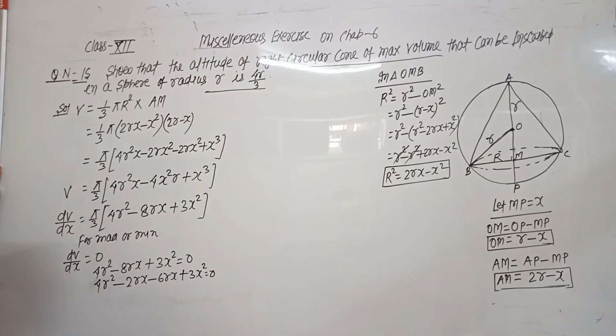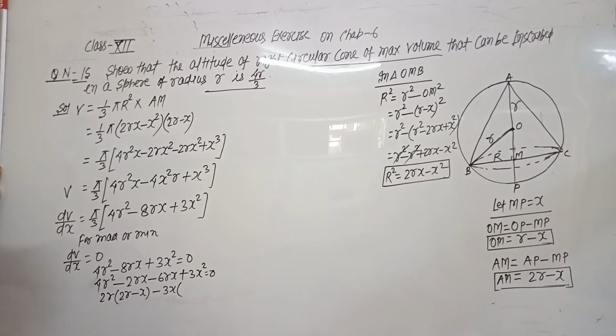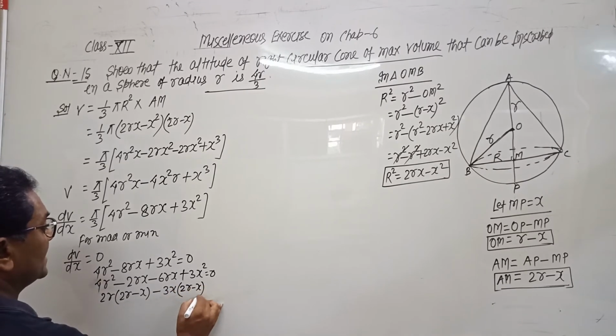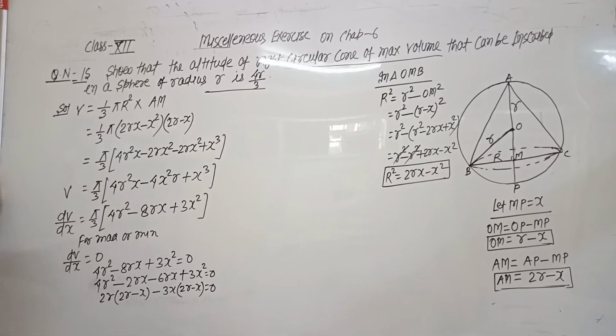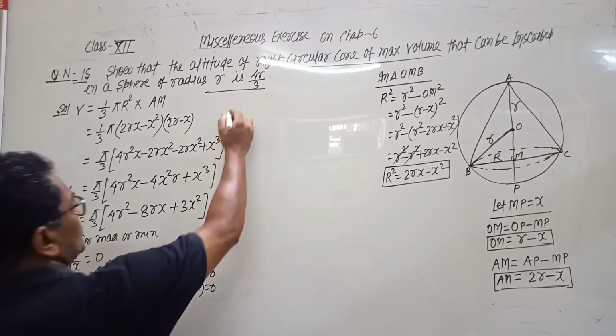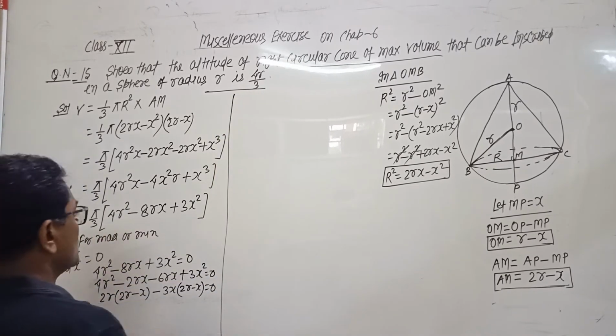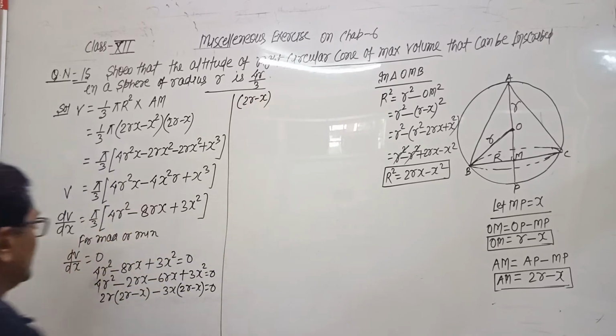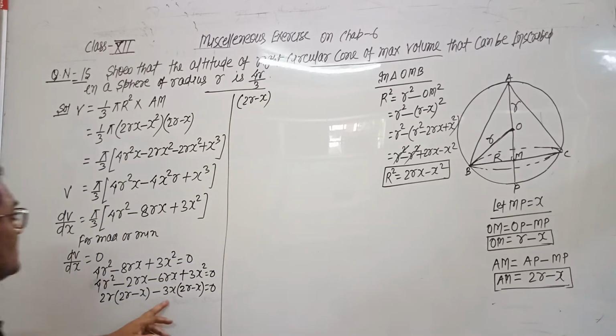From the first two terms, 2r is common, giving 2r minus 3x, and from the other two terms, x is common, so again 2r minus 3x. So we get 2r minus 3x common.